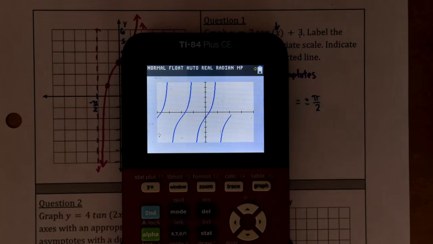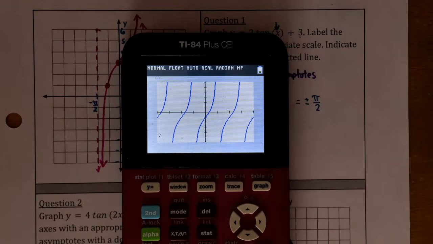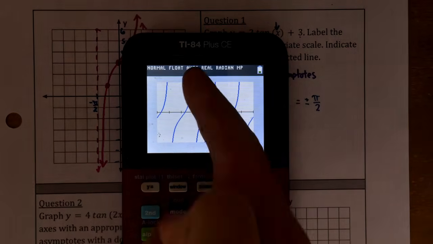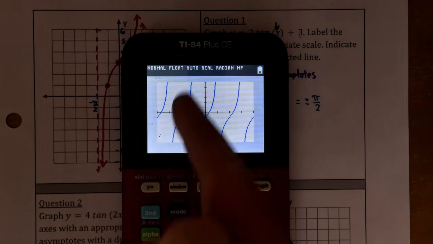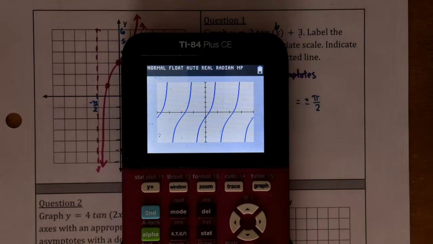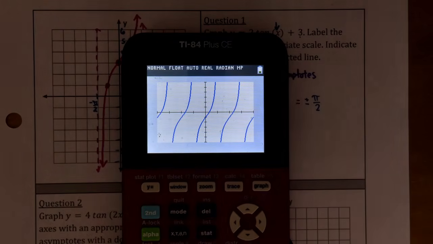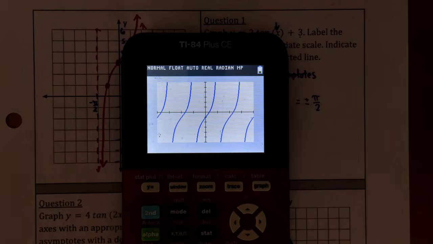It just keeps doing that over and over again. Your calculator doesn't show the dotted lines. You need to know that every time the graph rises dramatically, it's approaching that dotted line, that invisible dotted line that's not on our screen.